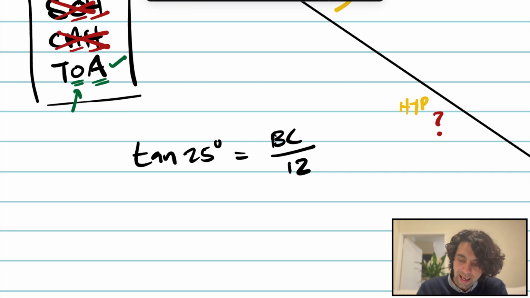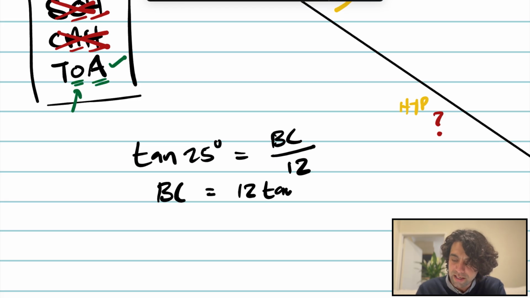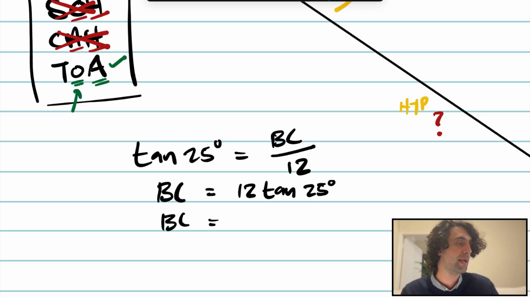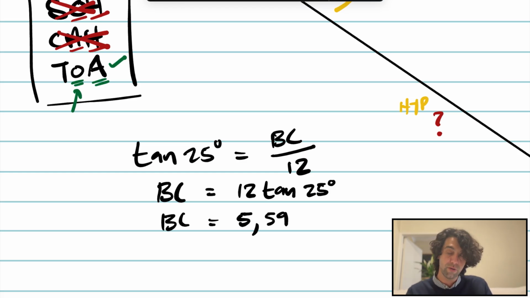Okay, so I end up with BC is equal to 12 tan 25 degrees. What I'm going to do is very simply pop that into my calculator, and what we find is that BC is equal to 5.59. Now we can round that up so it becomes 5.60, but in this case I'm actually going to use my third decimal place.